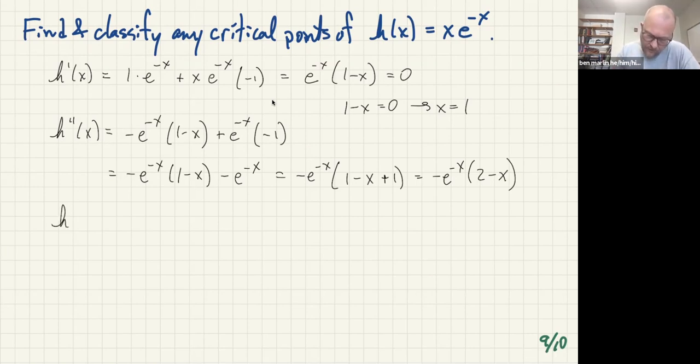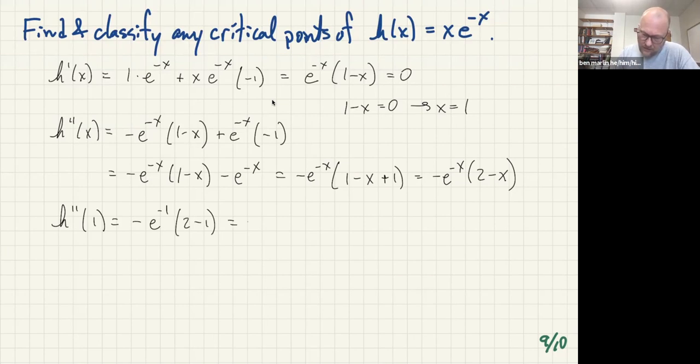But all we have to do is plug in our value and have minus e to the minus 1. E to the minus 1 is like 0.35 or something like that, but it's a positive number. Remember, e to the minus 1 means 1 over e. It does not mean the negative of it, all right? But then times 2 minus 1. So we end up getting, well, that 2 minus 1 is just 1.